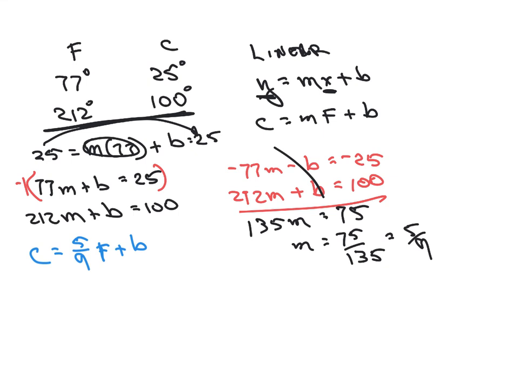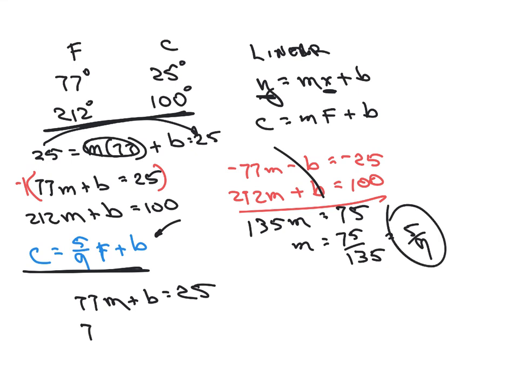Okay, so again, this is where I'm at, and I'm looking for the B. So let's take the 77M plus B equals 25. And instead of M, I'm going to put this 5/9 since I know what that equals.